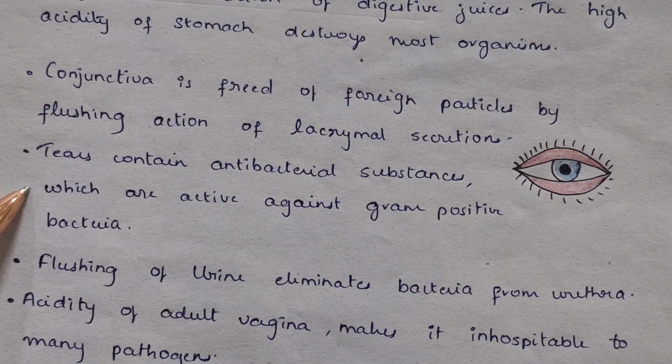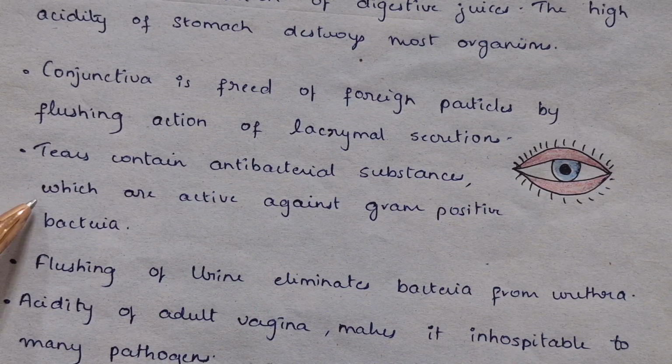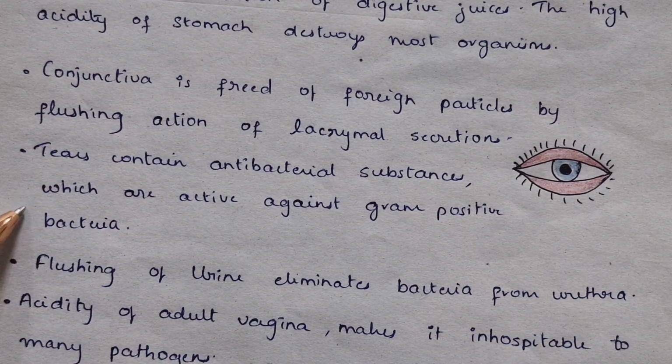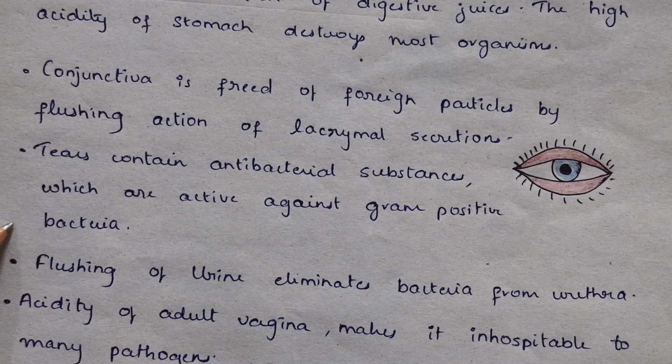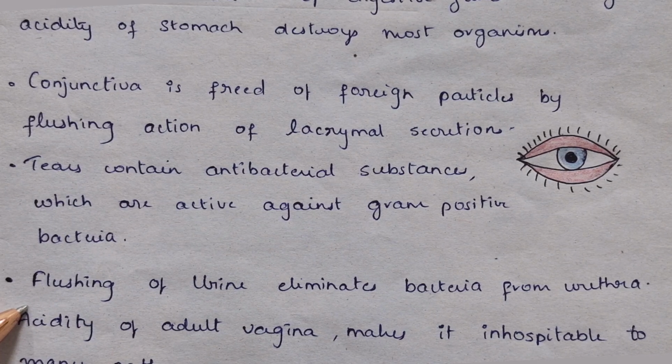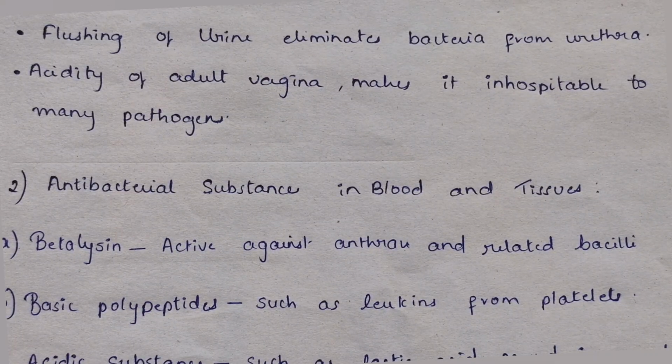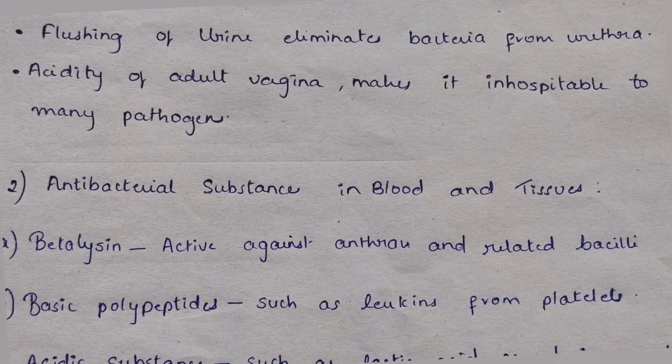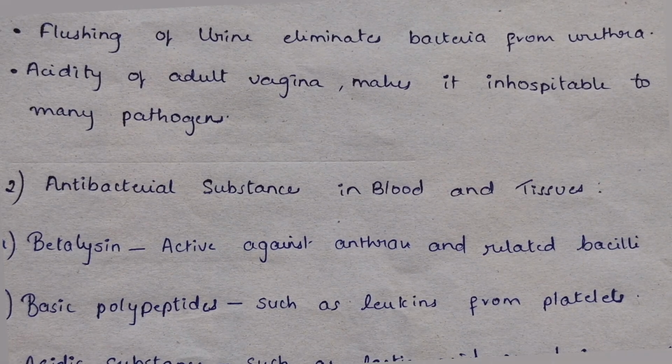Tears contain antibacterial substances which are active against gram-positive bacteria. On the other hand, flushing of urine eliminates the bacteria from the urethra. The acidity of the adult vagina makes it inhospitable to many pathogens.